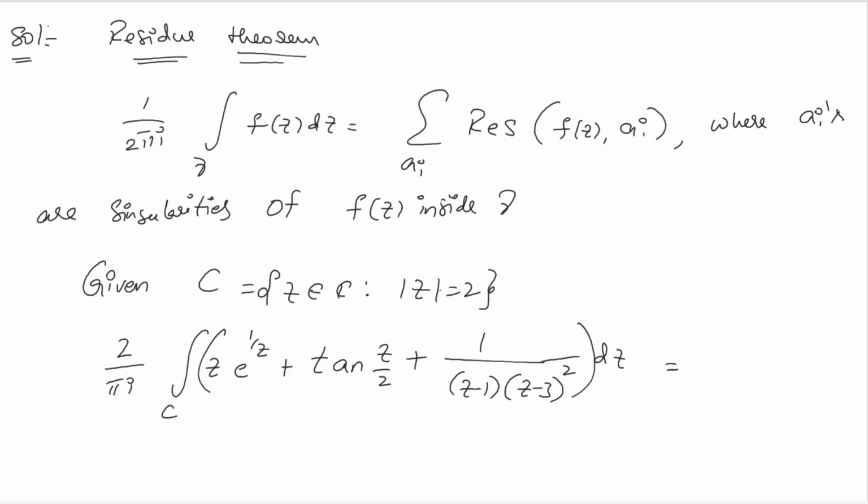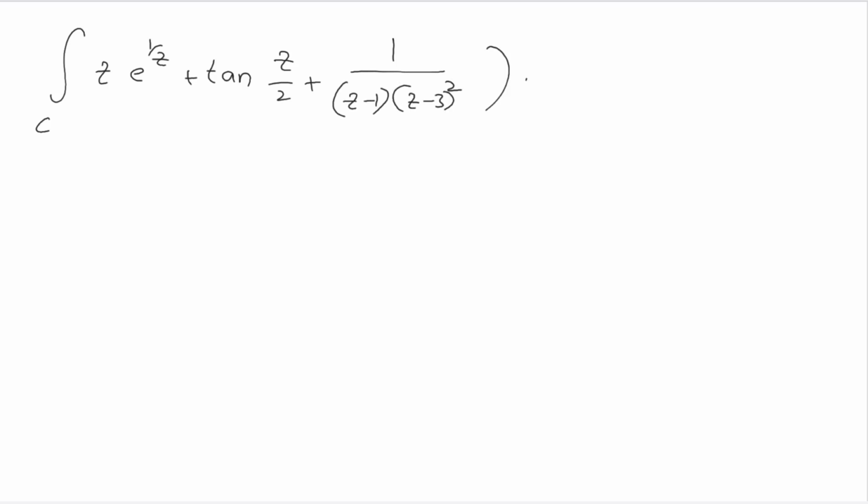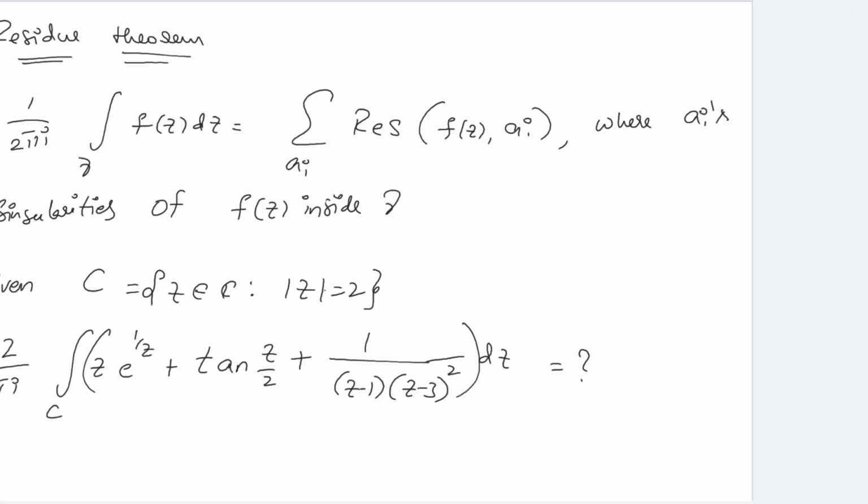Now I can rewrite this as 2 divided by pi i, or let me skip this 2 divided by pi i. We can finally multiply with this at the end to the final answer. The integration over C of z e to the power of 1 divided by z plus tan z divided by 2 plus 1 divided by z minus 1 times z minus 3 whole square dz is our integration.